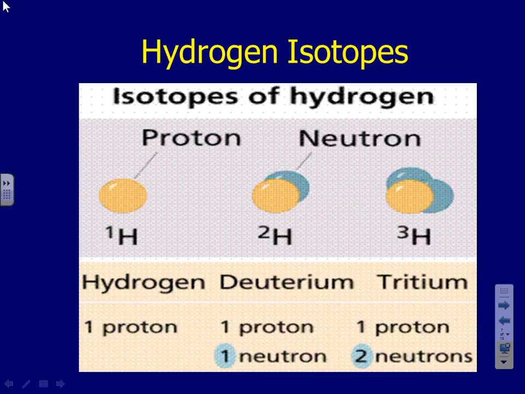Now notice what they've done here. They've added even another notation. What's missing in this notation? What's the piece of information that's missing?